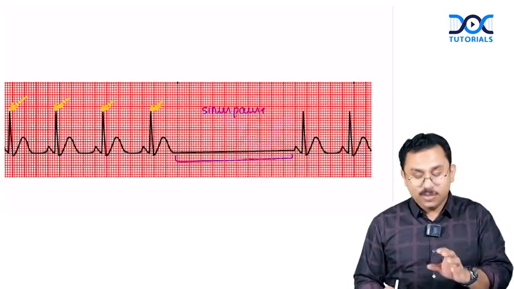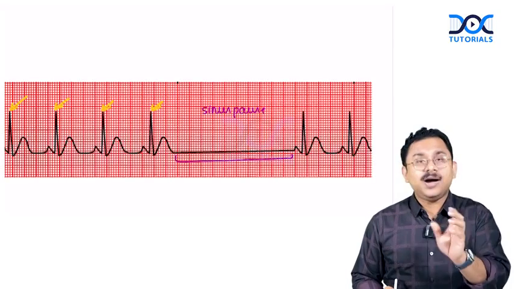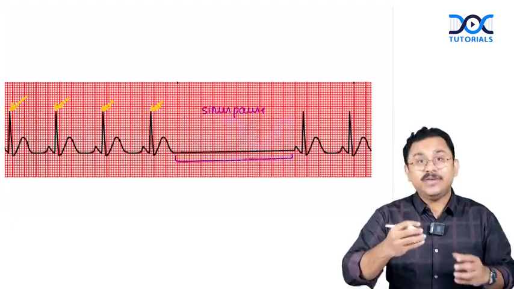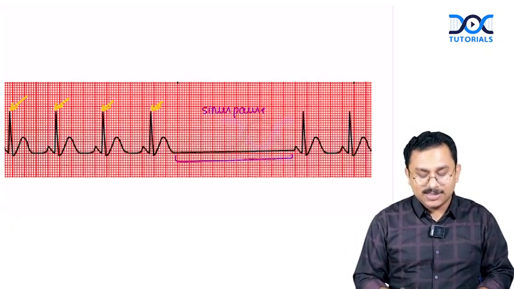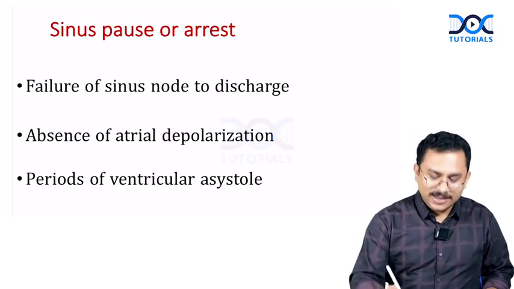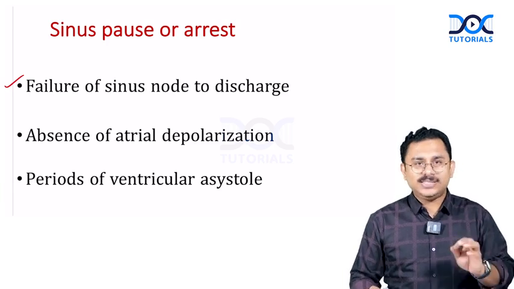And you can very well notice that for the complexes that are there in the ECG, the PR interval is normal. So PR interval normal means AV conduction is normal. So what is this condition known as? This is a sinus pause or sinus arrest, which is characterized by a failure of the sinus node to discharge.